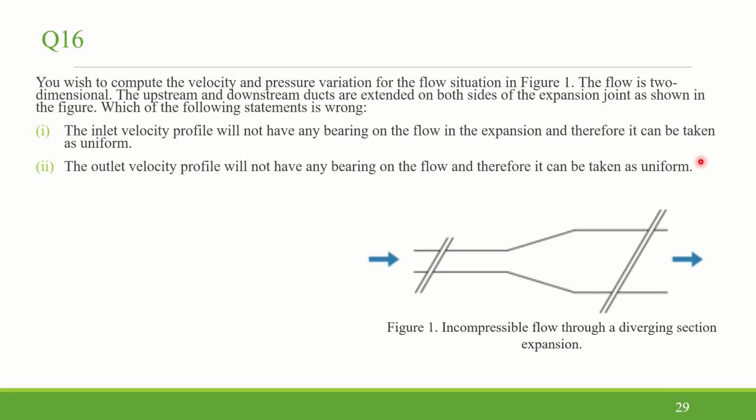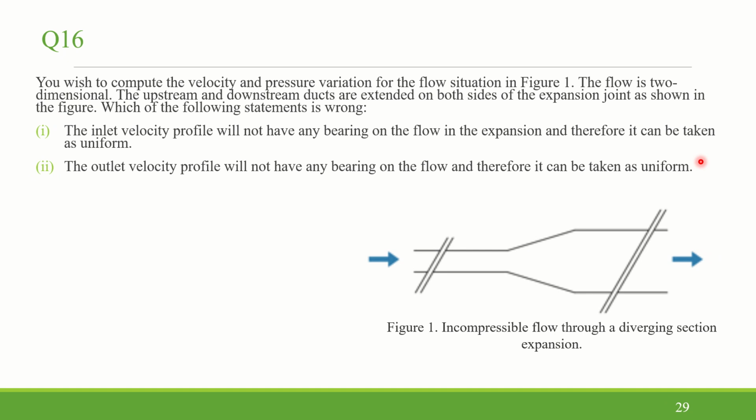This statement is false because the outlet velocity profile will have an impact: fluid is coming and it is expanded, and after that the outlet section is there. So the outlet will definitely have some bearing on the flow, like the velocity profile will be impacted by the expansion, so it cannot be taken as uniform. So the second statement is a false statement.